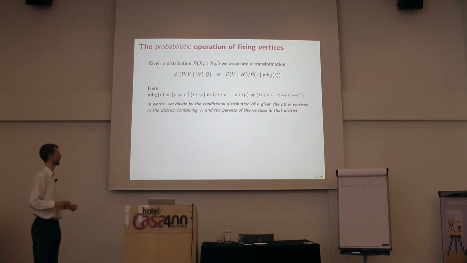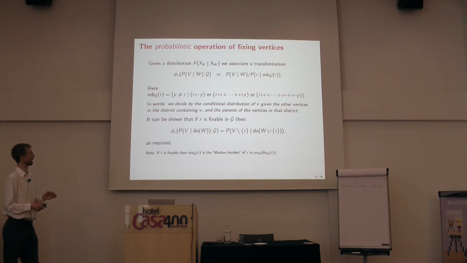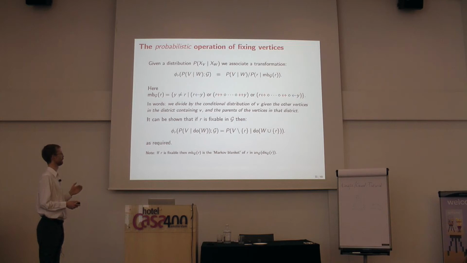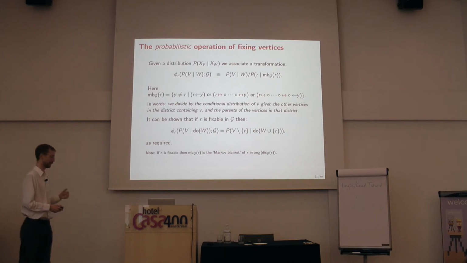So basically chaining out colliders. Okay, and it can be shown that if R is fixable in G, then as required, the new distribution that we obtain by doing this division corresponds to the distribution where I have intervened on R.